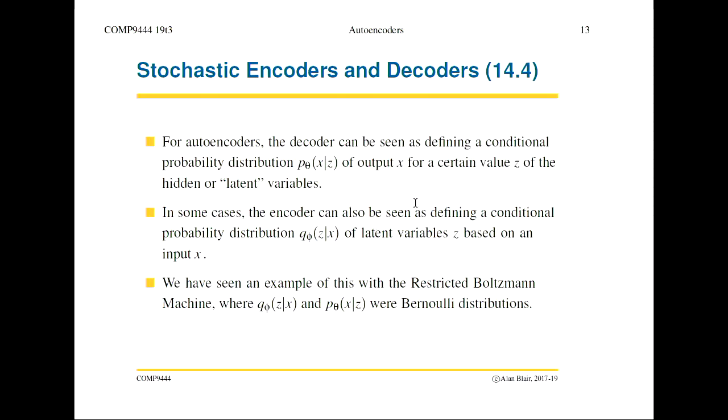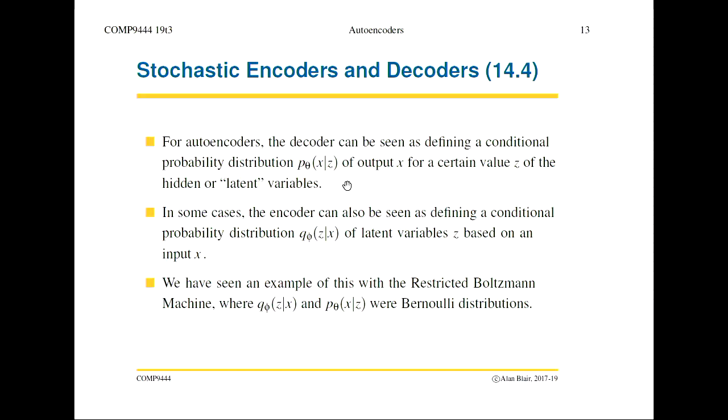Now for an autoencoder, often it's useful to use different symbols for the weights of the encoder and the decoder. So if the decoder is P, then we feed in these hidden variables Z and it produces an image X, and the weights are theta.